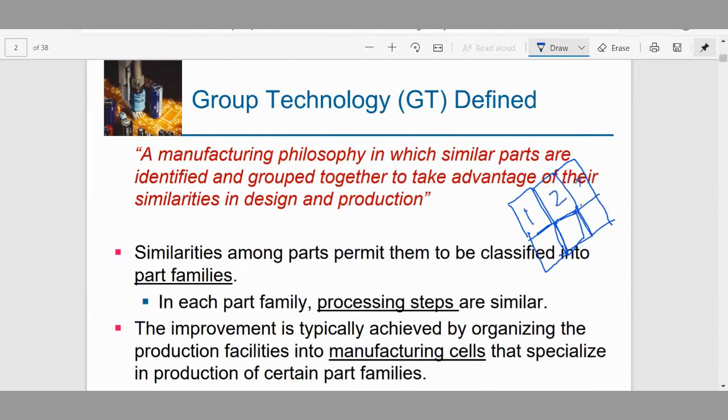So there are 1, 2, 3, 4, 5, and 6 cells. You may also say these are the groups, right? So here input is from here and output is from there.